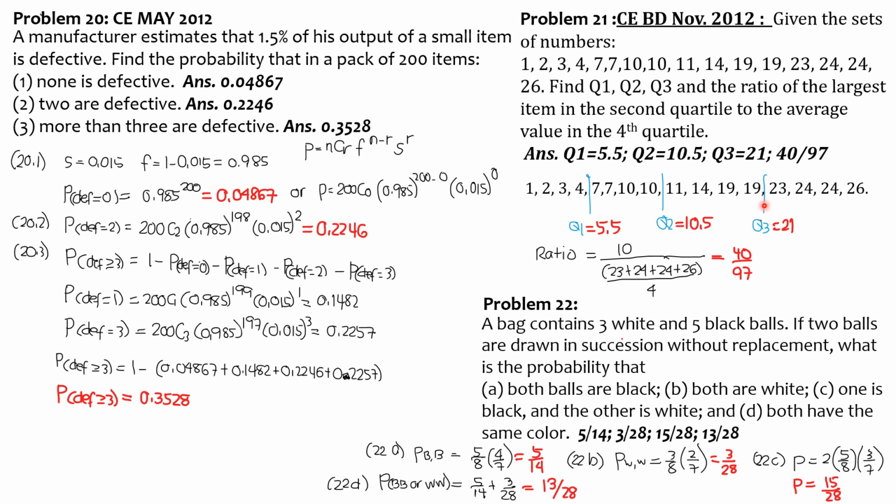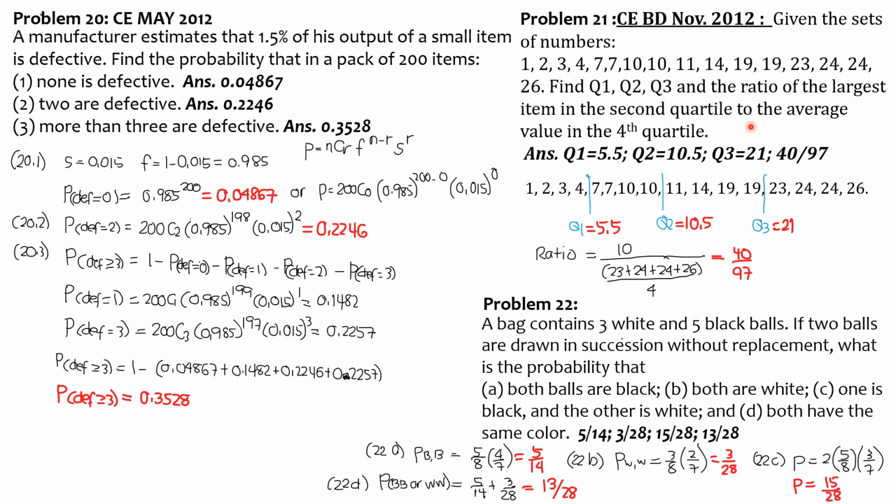This is the dividing line for the right half of the data. So quartile 3 is the average of 19 and 23: 19 plus 23 divided by 2, and that's 21.